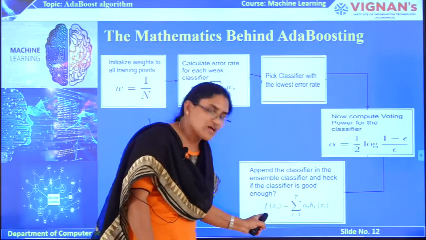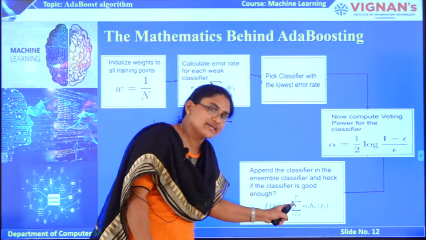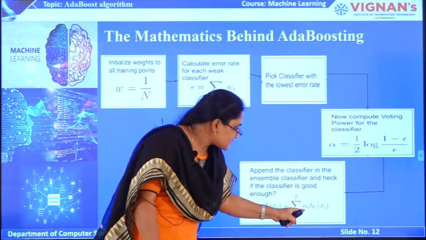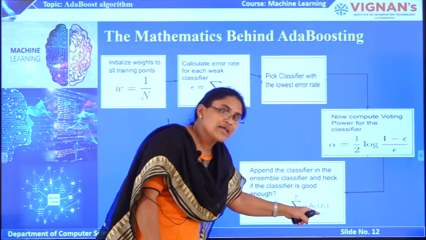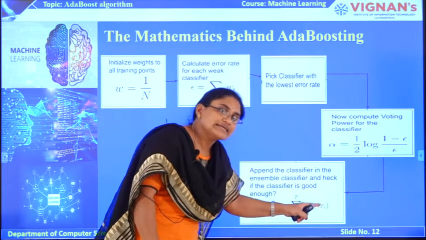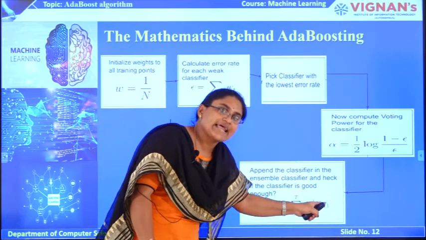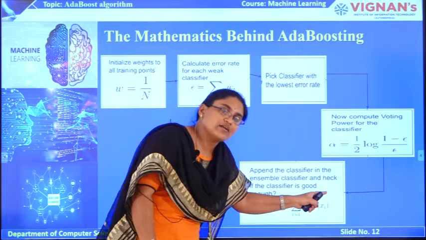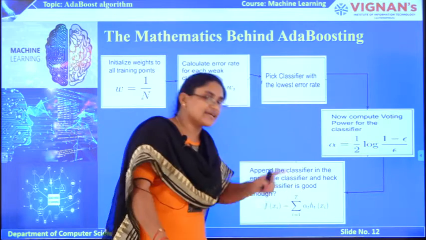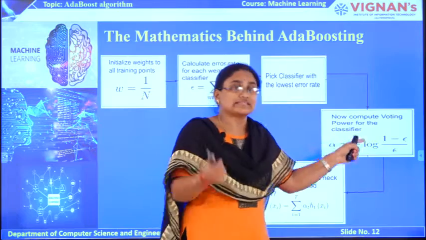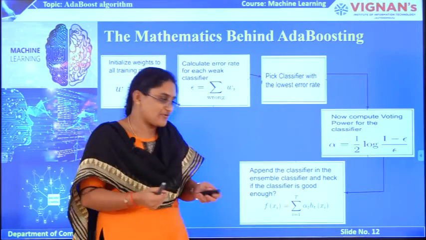For that, we use the formula: the sum over t of alpha t times h t of x i, where T is the total number of weak classifiers. Here h t is the output of the selected lowest error rate base classifier, and alpha t is the influence or weightage given to that weak classifier.